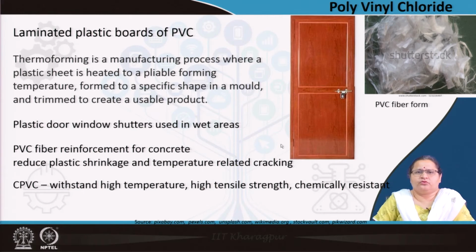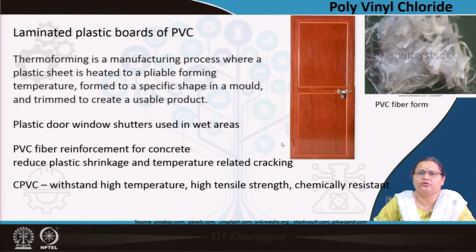Coming to chlorinated polyvinyl chloride. This is chemically resistant and can withstand high temperature. High temperature means you can have water lines which will be carrying water at different temperatures.